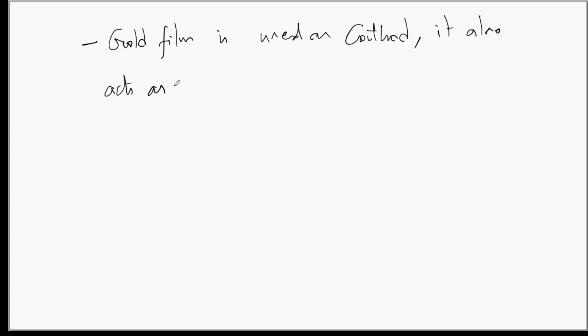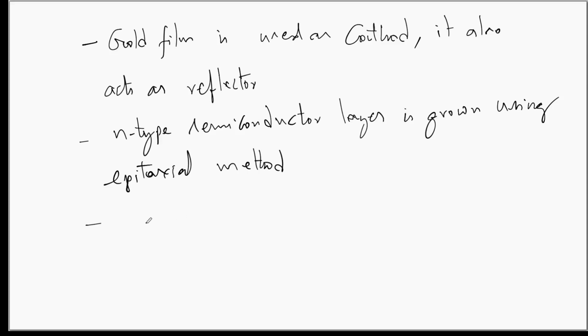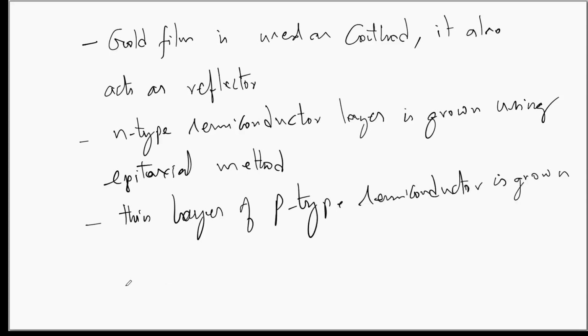Gold film is used as cathode. It also acts as reflector. Over that you have a substrate, and over the substrate N-type semiconductor layer is grown using epitaxial method. Over the N-type material, a thin layer of P-type semiconductor is grown using diffusion method.